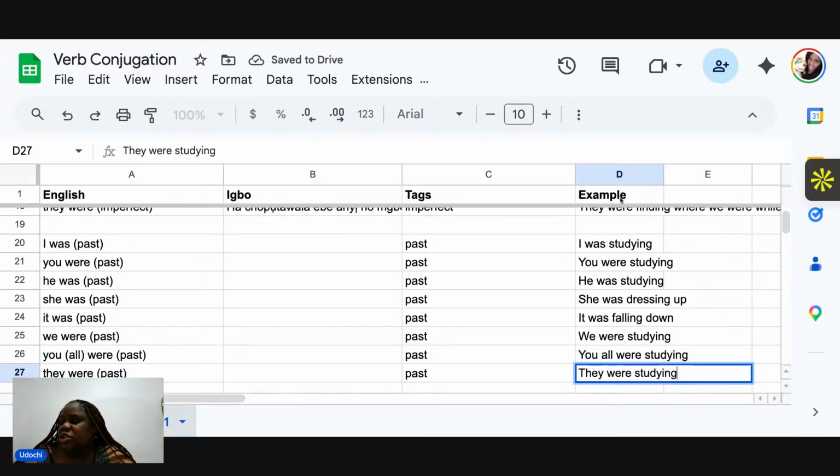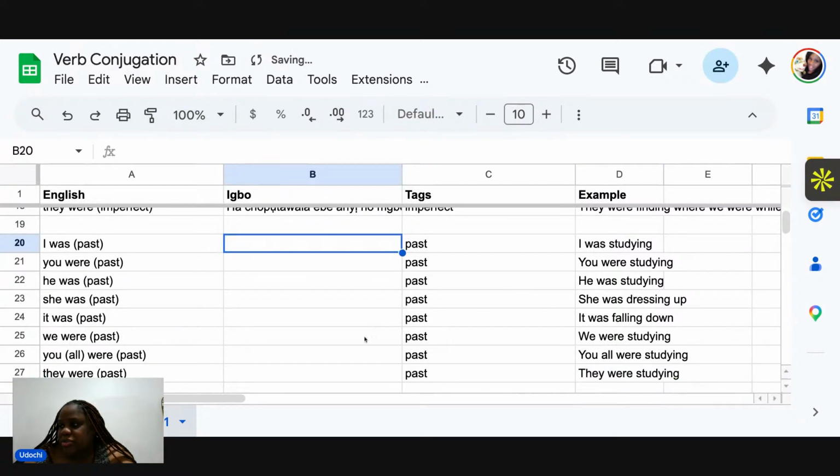I changed she and it from he because I didn't want all three sentences to just say the same thing. So I gave it different sentences for that.